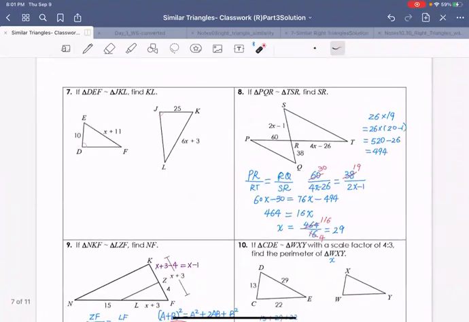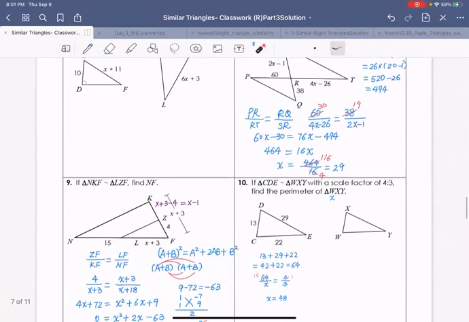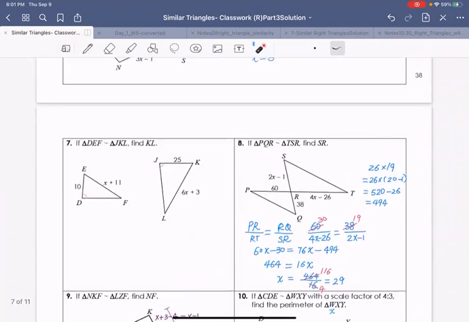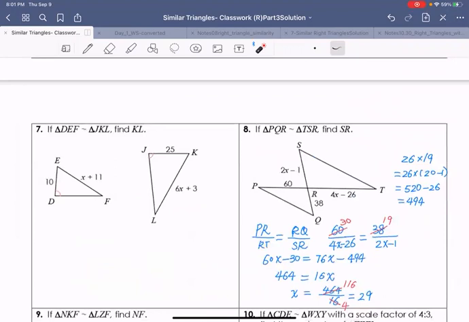Let's do Claire, let's do number 7. Go ahead. Claire, can you hear me? If triangle DEF is similar to triangle JKL, find KL.